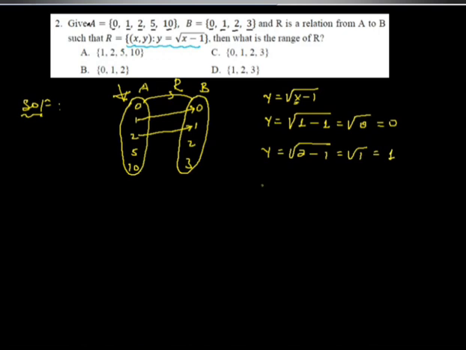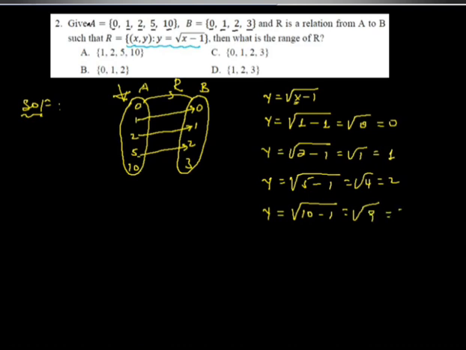Again substitute 5. Okay, በx ቦታ 5ን እናስገባለን። The square root of 5 minus 1 is the square root of 4. The result is 2. So 5 ከ2 ጋር ትያያዛለች። Again substitute 10 in place of x. 10 minus 1 is 9. The square root of 9 is 3.